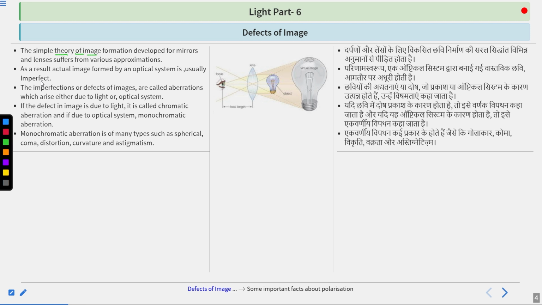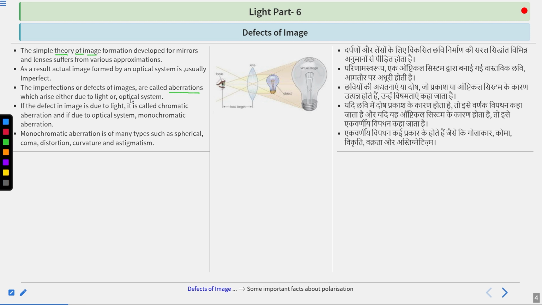And these imperfections or defects of images have some causes, and we call them aberrations. The cause could be either light or the optical system. Any of them could give rise to these aberrations. There is no hard and fast rule that only light or only the optical system will do it. Any of them could do it.